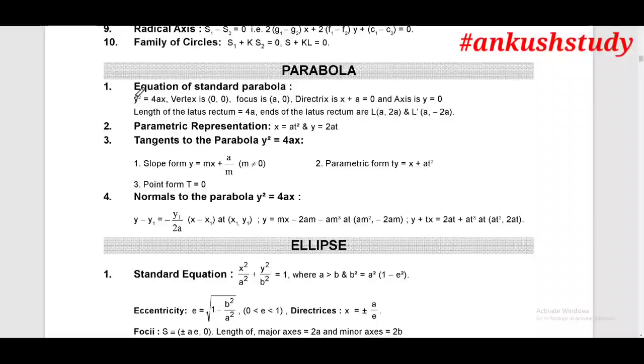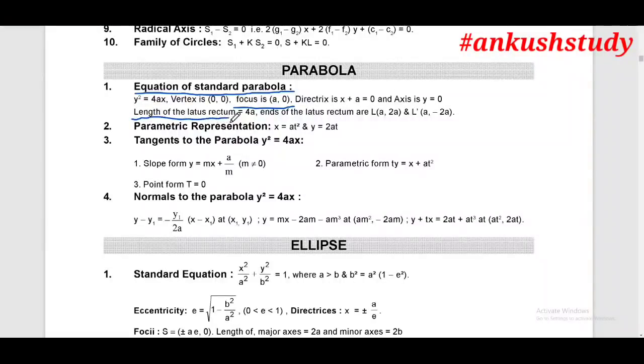So the first formula is here, equation of standard parabola. y² = 4ax, vertex is (0, 0), focus is (a, 0), directrix is x + a = 0, and axis is y = 0.